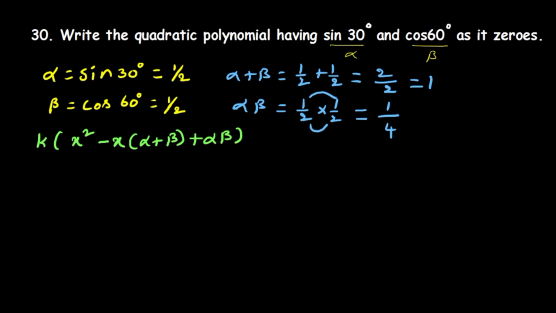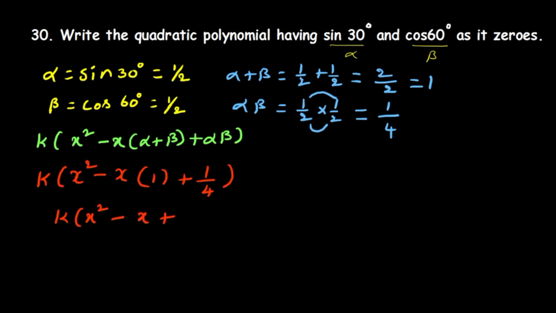Now these values I'm going to substitute here, then k into x square minus x into alpha plus beta is 1 and alpha into beta is 1 by 4. So k into x square minus x into 1 is x plus 1 by 4. Now what we do? Take k equal to 4, because here in the denominator we have a 4, so let k equal to 4. Now with 4 I am going to multiply this.